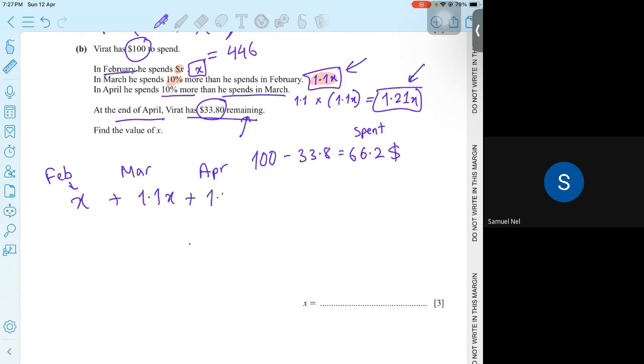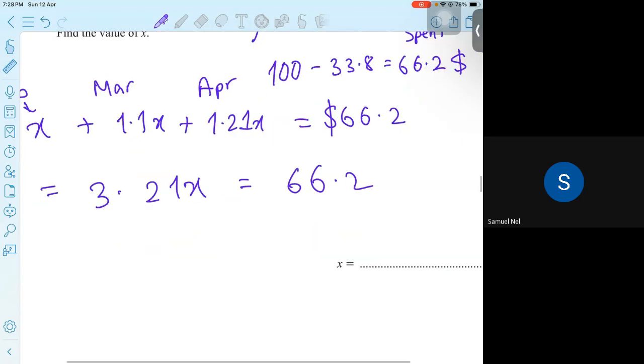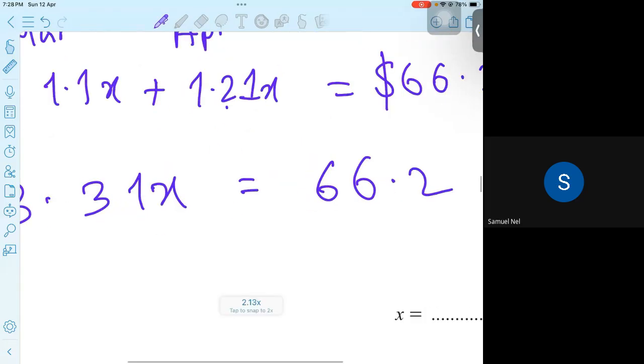X plus 1.1x plus 1.21x, these are all equal to 66.2, right? So this makes it 3.21x is equals to 66.2. Yeah? So, sorry, wait, I think I'm putting this wrong. This is 3.31x because 2 plus 1, right?